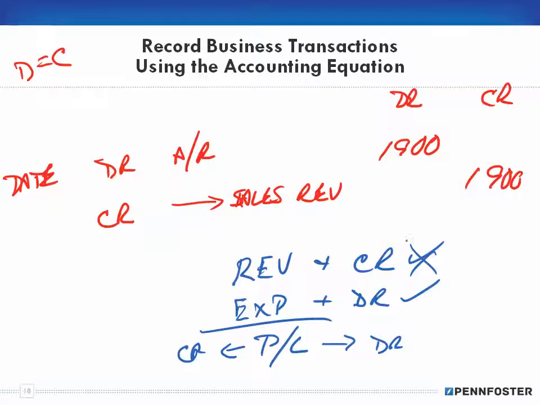So that's how you make the journal entry. Let me go over that real quick. I'm making a sale. First question I'm asking myself is, am I affecting cash? No. Then the next question I ask myself, am I affecting accounts receivable or accounts payable? Yes. And in this case here, it's an accounts receivable.